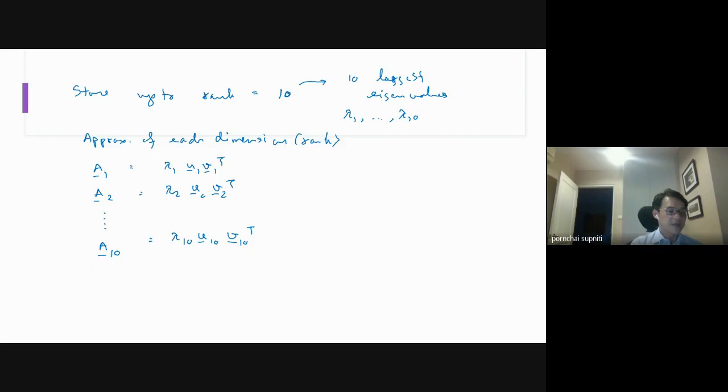We can just approximate with 10 ranks. So we get A is equal to the summation of A i, i equals 1 to 10, or you can write it as the summation of lambda i, u i, v i transpose, where i is equal to 1 to 10. If such a case happens, how many numbers do we need to store instead?